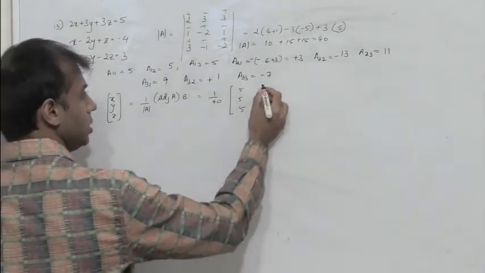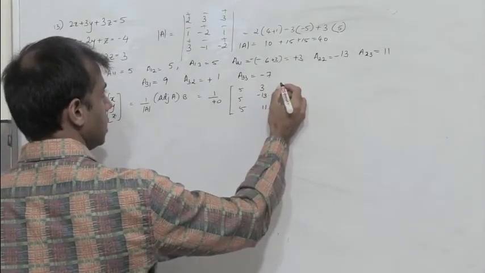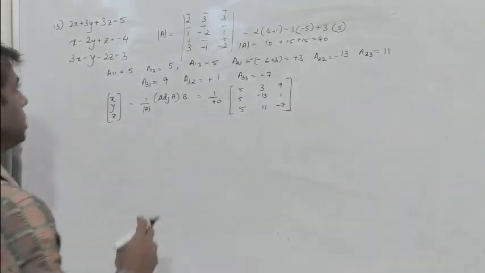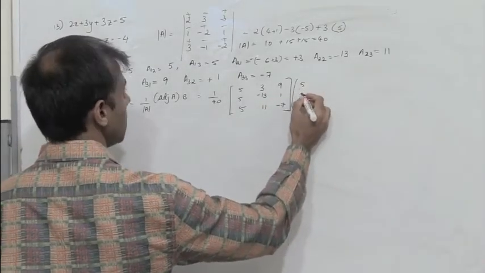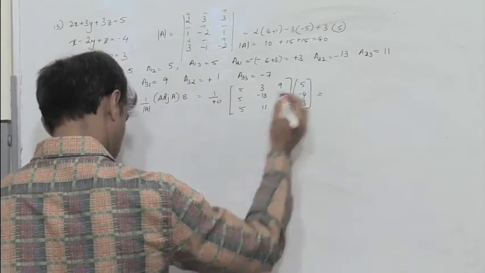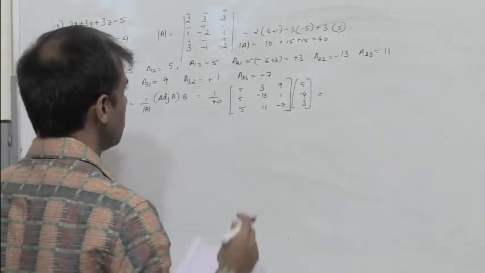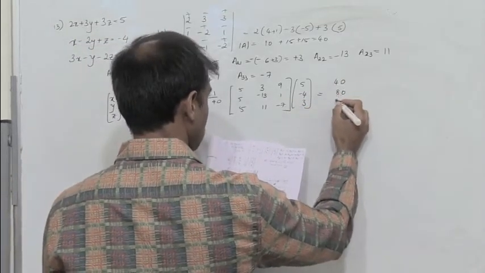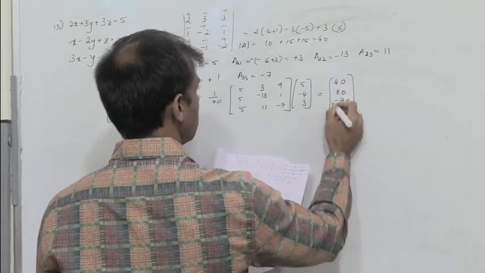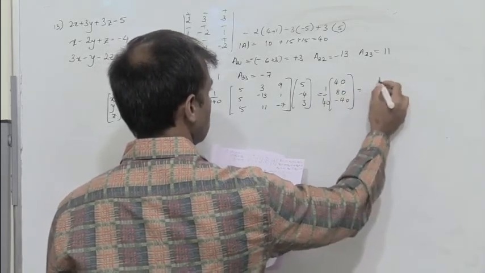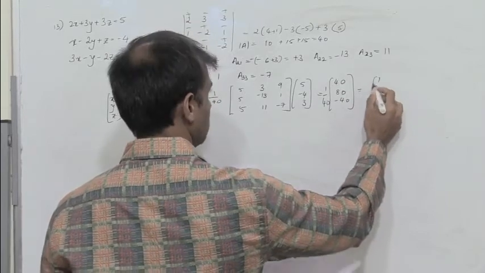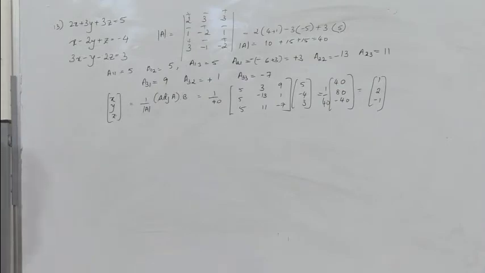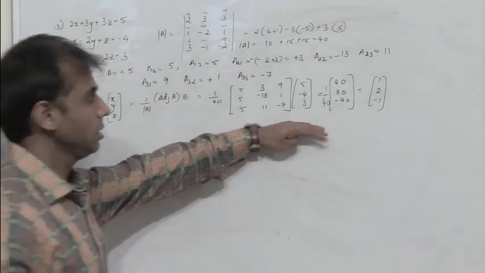So then we have 3, minus 13, 11, 9, 1, minus 7 into B, which is 5, minus 4 and 3. So what do we get? When I multiply them, multiplying the first row with the first column, we get 40, then we get 80, and then minus 40, times 1 by 40. So that gives me 1, 2 and minus 1. Right? So x, y, z is 1, 2 and minus 1. Please make sure that you multiply the matrices and then calculate the values.